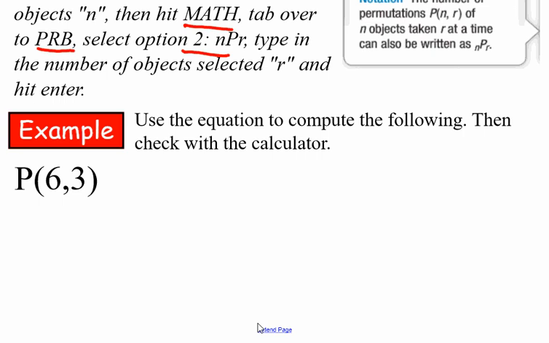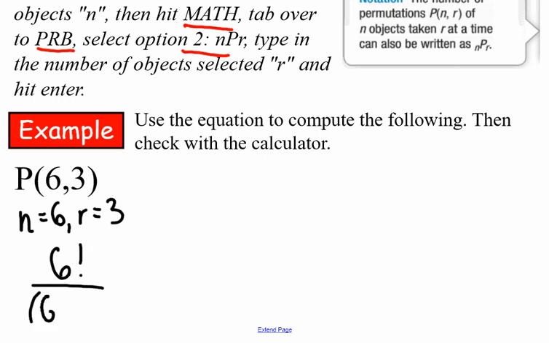We're going to try it one more time using the formula and then the calculator. So if I wanted to select 3 items from 6 where order is going to matter, let's first say n is equal to 6. I need to select 3, so r is equal to 3. So we would say permutation 6 selecting 3 is going to be 6 factorial divided by 6 minus 3 factorial, which is 6 factorial divided by 3 factorial.